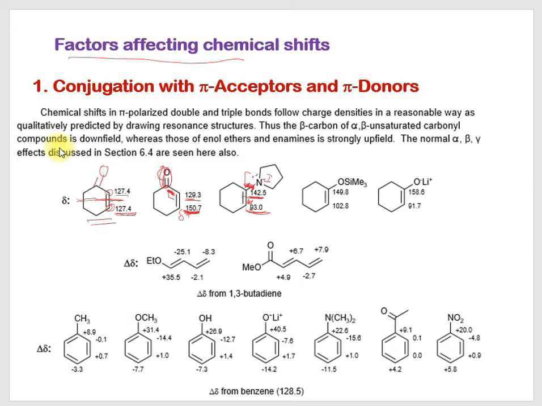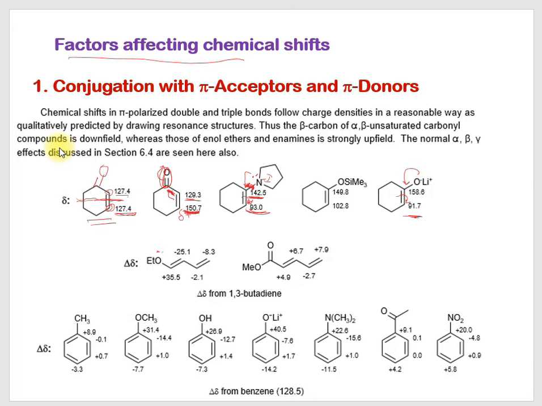Also, here you have a negative charge. The negative charge is more delocalized, so you have an even lower stretching frequency. Now the same case will be with the other systems also.